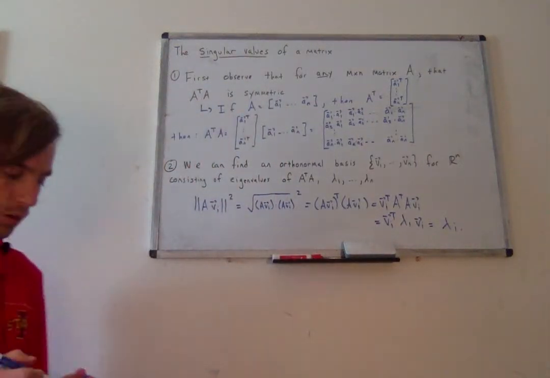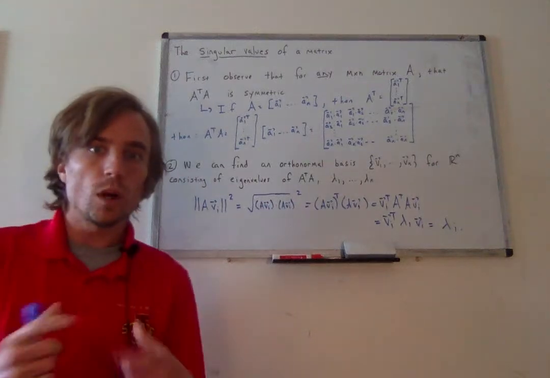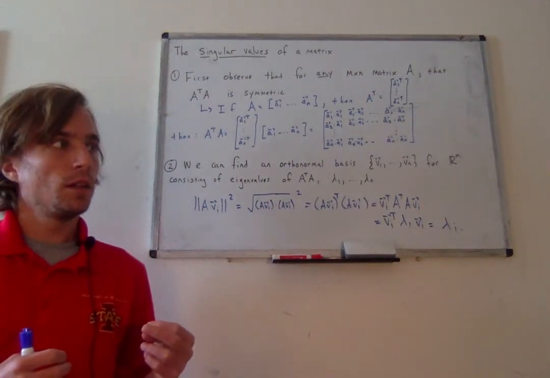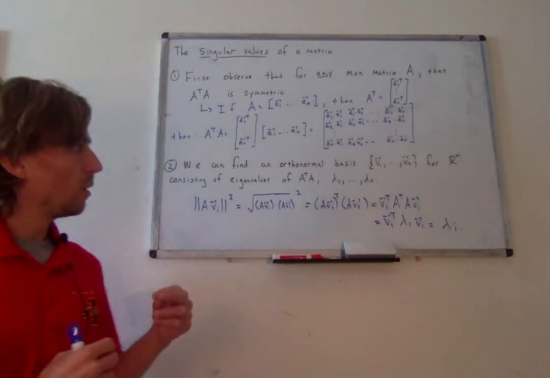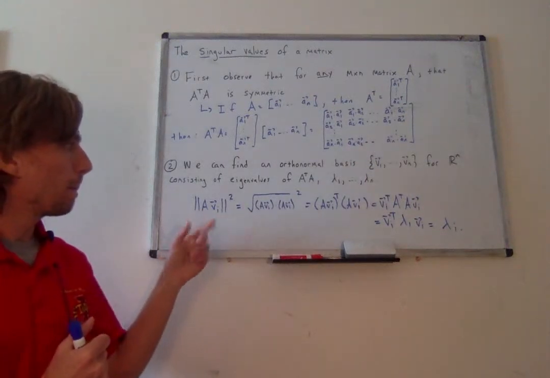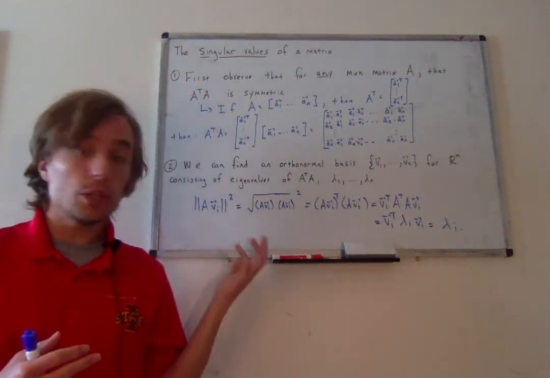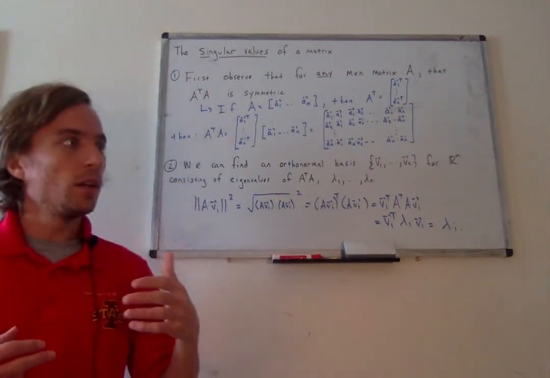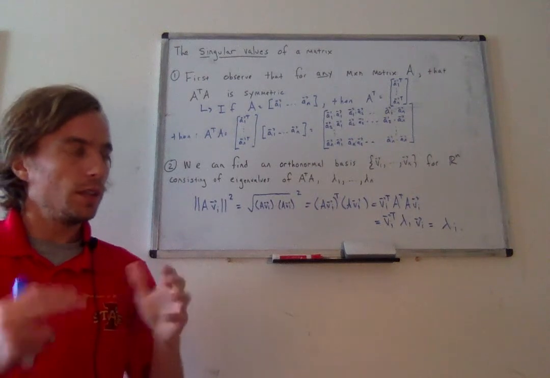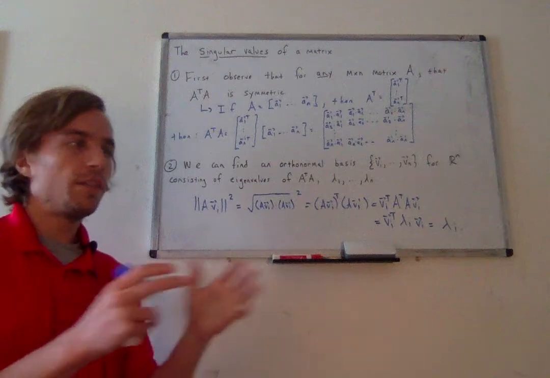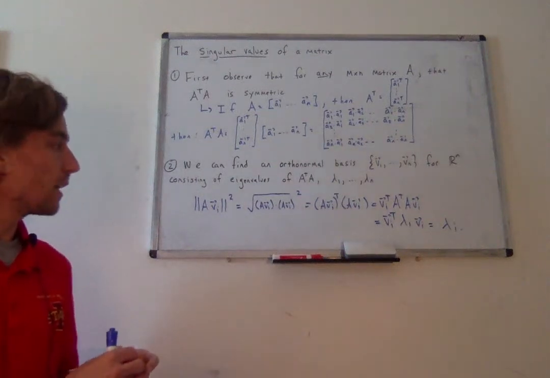Remember we were talking about this idea that, with symmetric matrices, the amount that A would stretch or shrink a vector in a certain direction was determined by its eigenvalues.